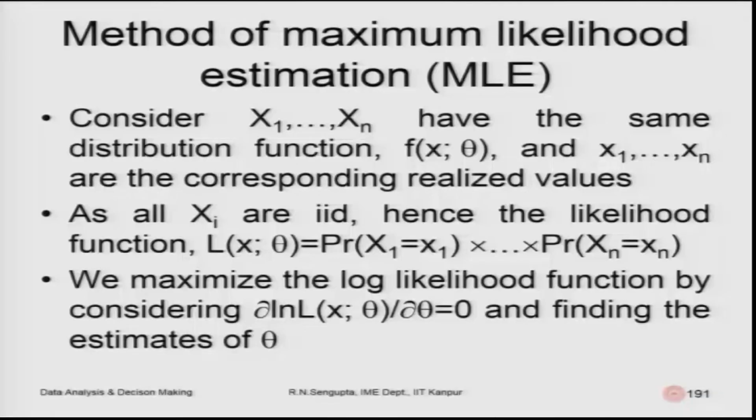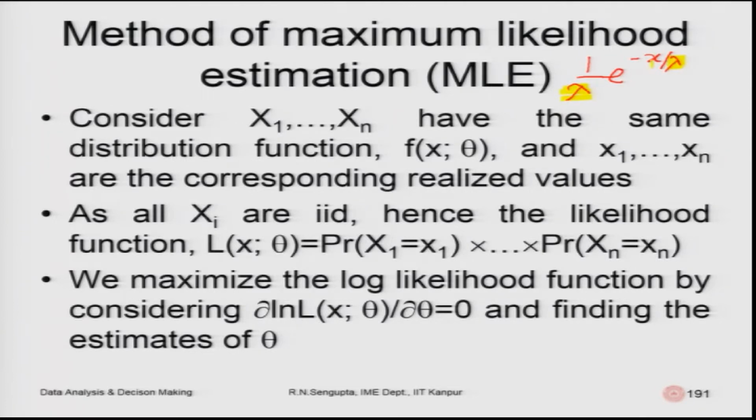So, consider we take a set of observations x1 to xn, and we have the distribution function, the PDF or the PMF, whatever it is, given by f of x comma theta. For example, consider the exponential one, where theta, lambda, is unknown.